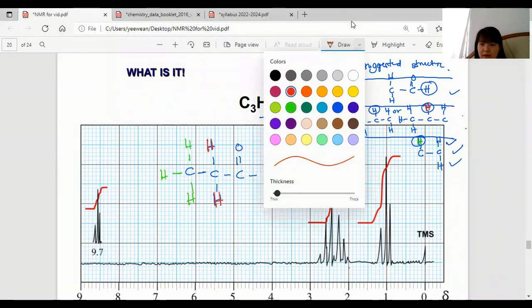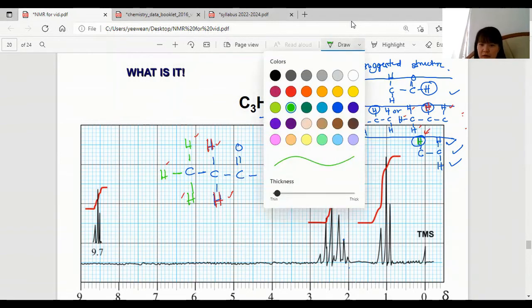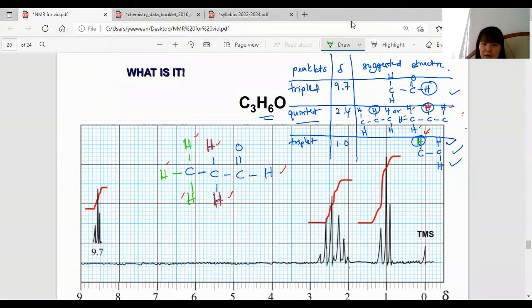So that red color proton must have been these protons. They've got 1, 2, 3, 4 neighbors, and this green colored proton must have been these 3 green colored protons because they must have 2 neighbors, and these green protons have 2 neighbors. Okay, why didn't I choose the other one?